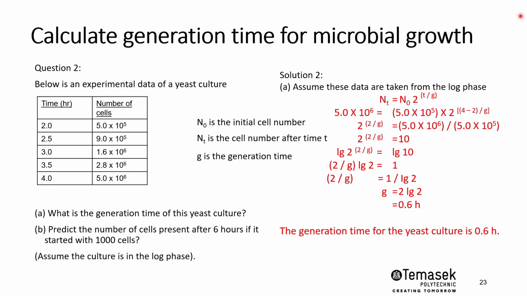So when we apply log to both sides, log 10 we know is 1. This will result on the left hand side in 2 divided by g times log 2. Why are we seeing 2 divided by g times log 2, where the exponent is being brought down?